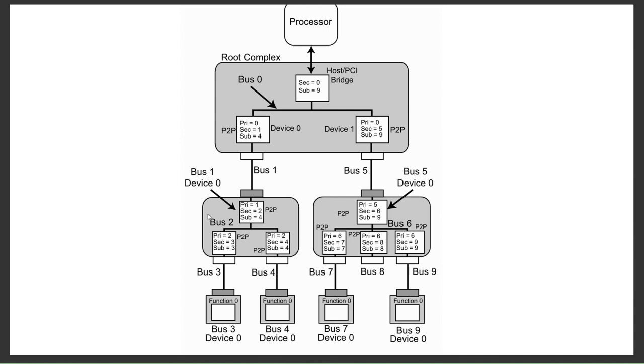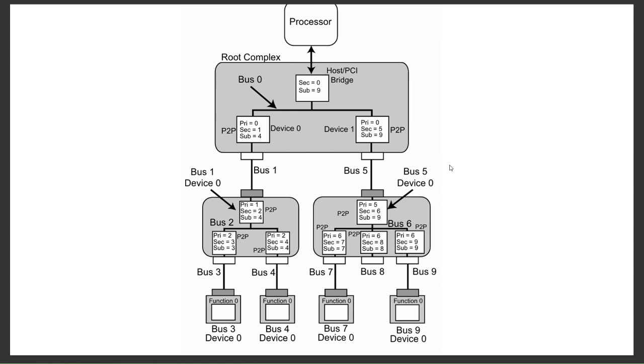The function number is not given here, but if the function number was 0, we would have assigned the BDF for this as 1:0:0. If you want to learn about how to assign the BDF, you can refer to the last lecture.